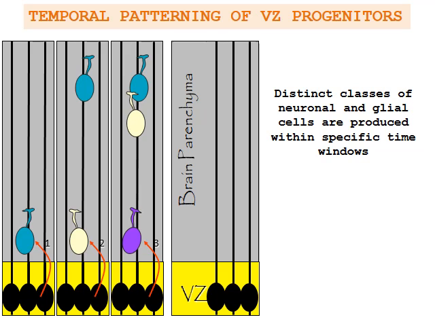First neuron A, then neuron B, then C, and so on. Here you can see an animated version of this concept. And this depends on a sort of temporal patterning of neuronal progenitors. But how is this temporal patterning of ventricular zone progenitors regulated?